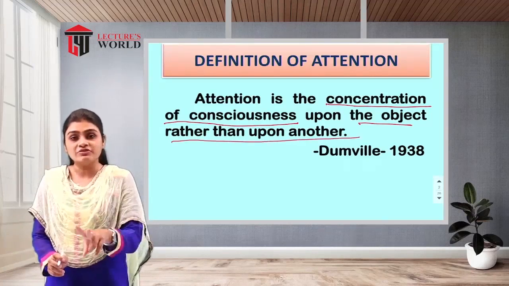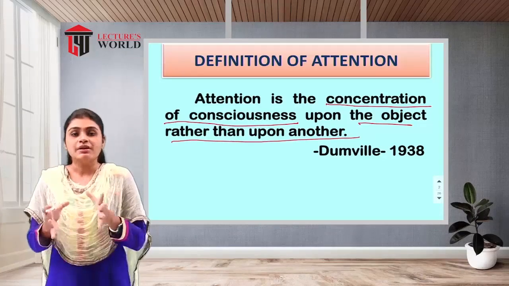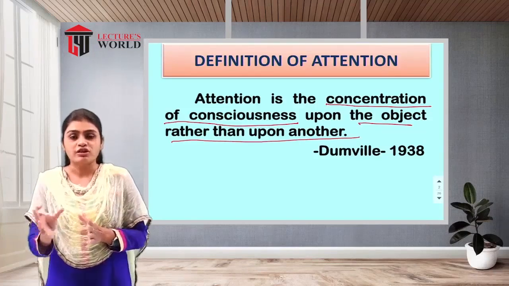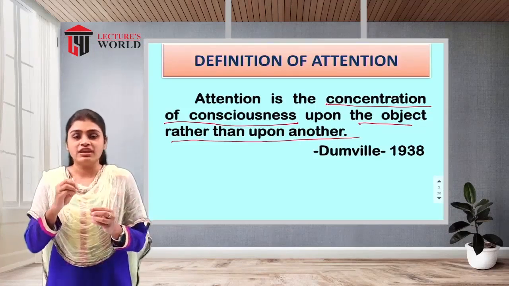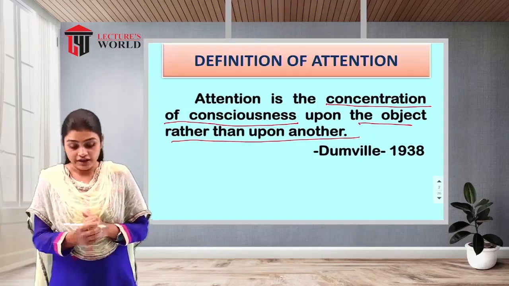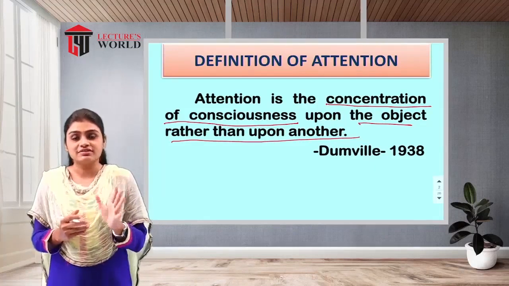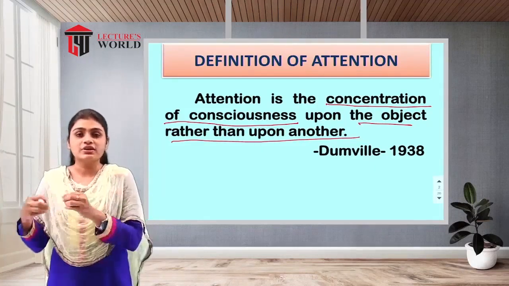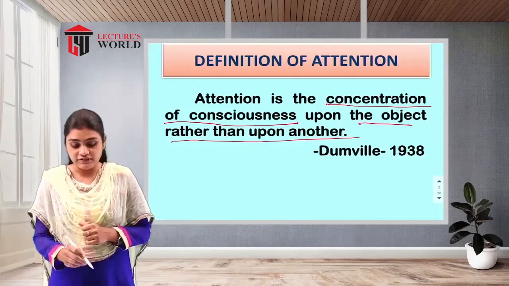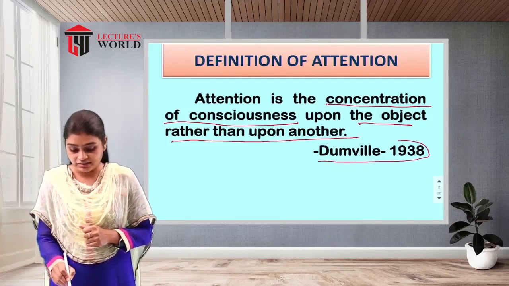That means 2 or more objects might be there in the external environment, but right now the individual is going to focus on only one object at a time. All the concentration will be on that one single object. So attention is your concentration of consciousness upon one object excluding the other objects. This definition of attention was given by Dumville in 1938.